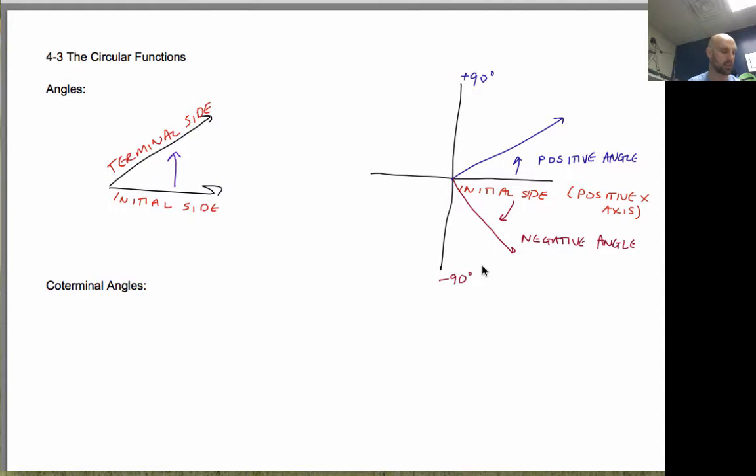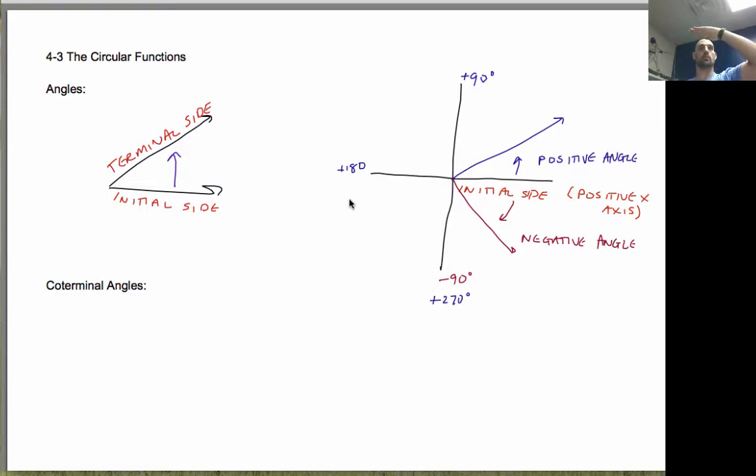Now here's kind of the interesting part about this. If my angle opens up counterclockwise, this is positive 90, so this would be positive 180. And if I kept going with another 90, this would be positive 270. Well, you can kind of see why which way it opened up becomes important, because I could have an angle that opens up counterclockwise, goes all the way around, and the terminal side is straight down, so that'd be positive 270.